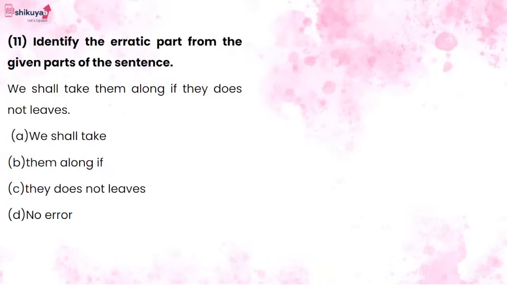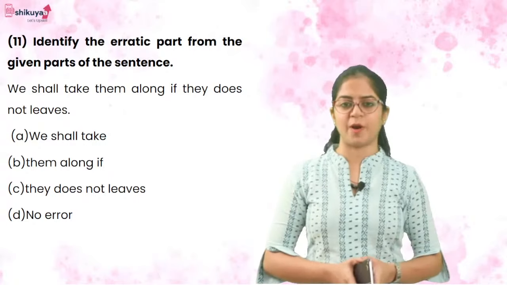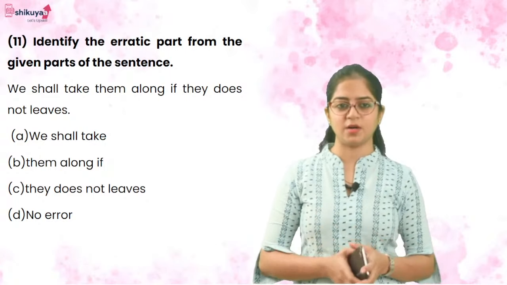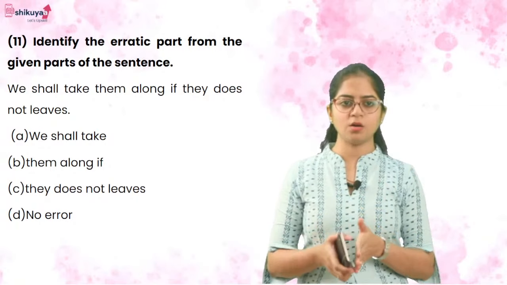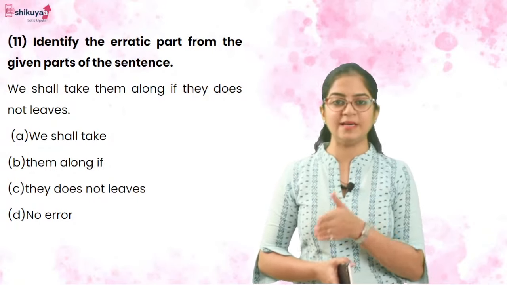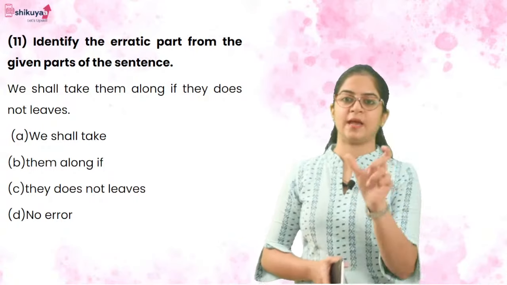Well, let us try the next question. Same type of question again. We shall take them along if they does not leaves. Look at this. This is again a simple one. Immediately we can identify what went wrong in this sentence. Correct? Now let us see the options. In which part does the error lie? "Does not leaves" is the errored one.